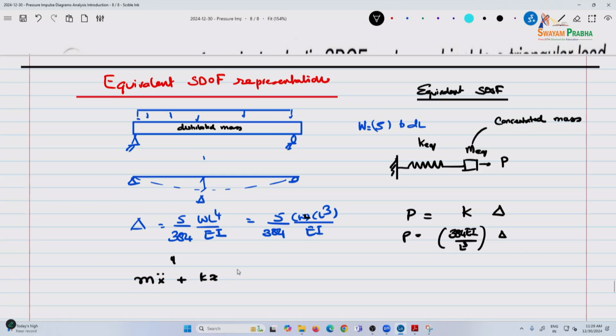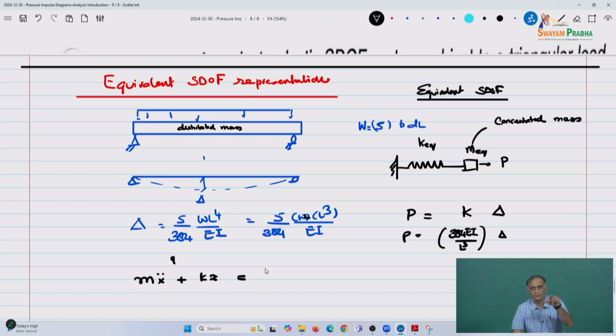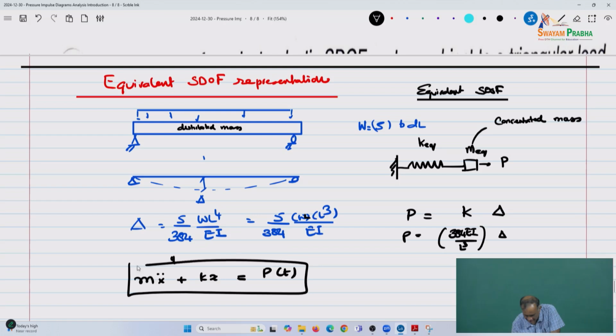You can put this even in terms of your resistance factors. I will be using those equivalent nonlinear elastoplastic systems in an example after we finish this topic. So if this is equal to P of T, this is the standard or the original ODE.